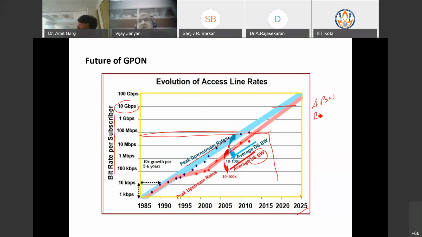Of course, I told you that these are now obsolete, but GPON and EPON are two different standards. This is ITU and this is IEEE. And then further you have XGPON, and your NG-PON2, which is very important now, which is a combination of TDM and WDM. So that's all from my side for this lecture.